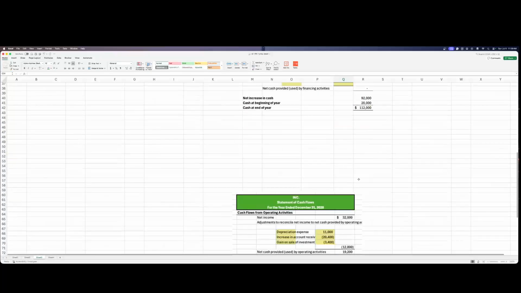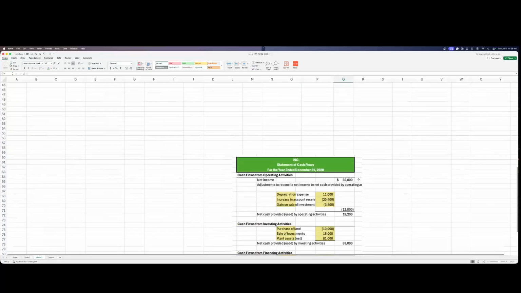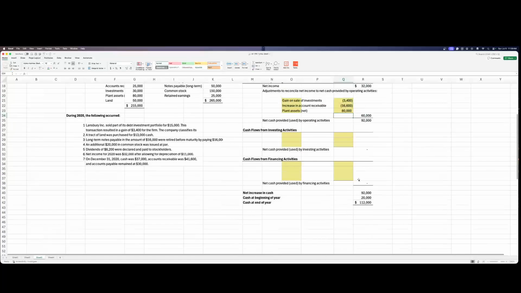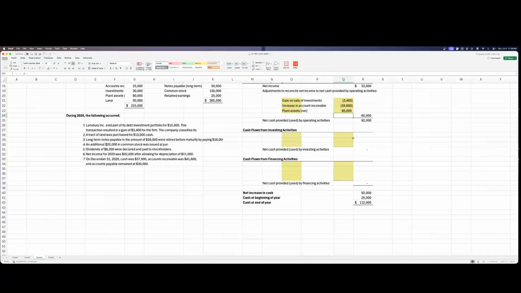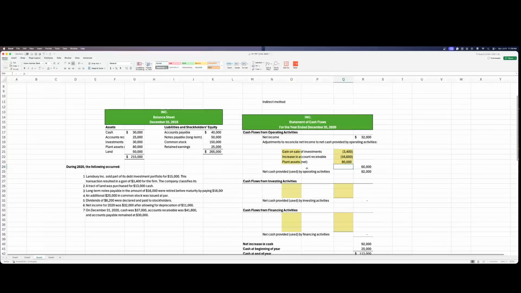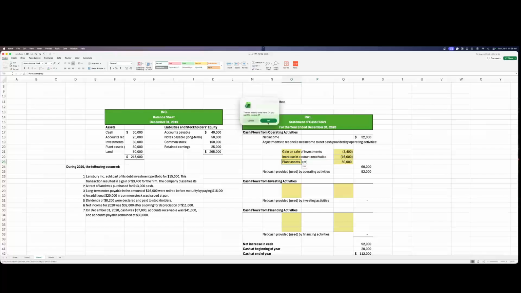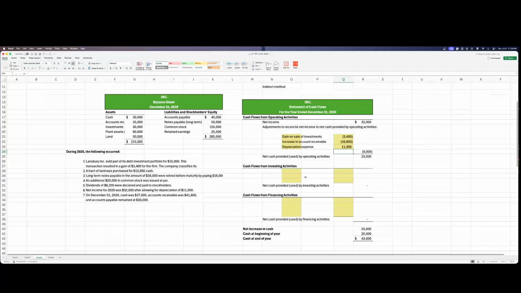Oh, never mind. Whoops. Never mind, that's depreciation expense, not that. Depreciation expense, 11,000. Okay, so cash flow from investing activities.